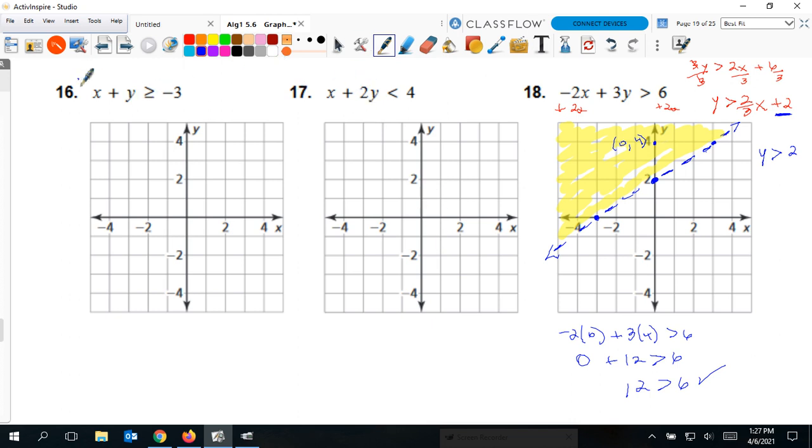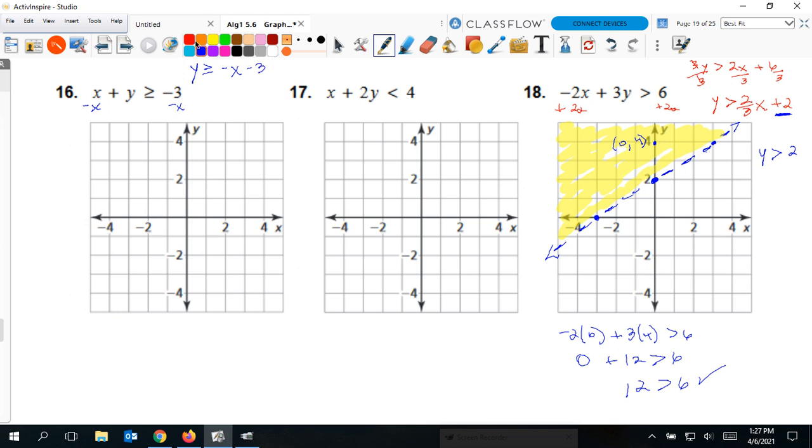Very simple though, we just need to subtract x, that's all we gotta do. So your y equals mx plus b would be y, inequality sign. Now we're not switching that, even though we're subtracting x, so you don't switch it when you subtract. It's only when you multiply or divide by a negative that you change the direction of the inequality. So remember that. And then we have our negative x and our minus 3.